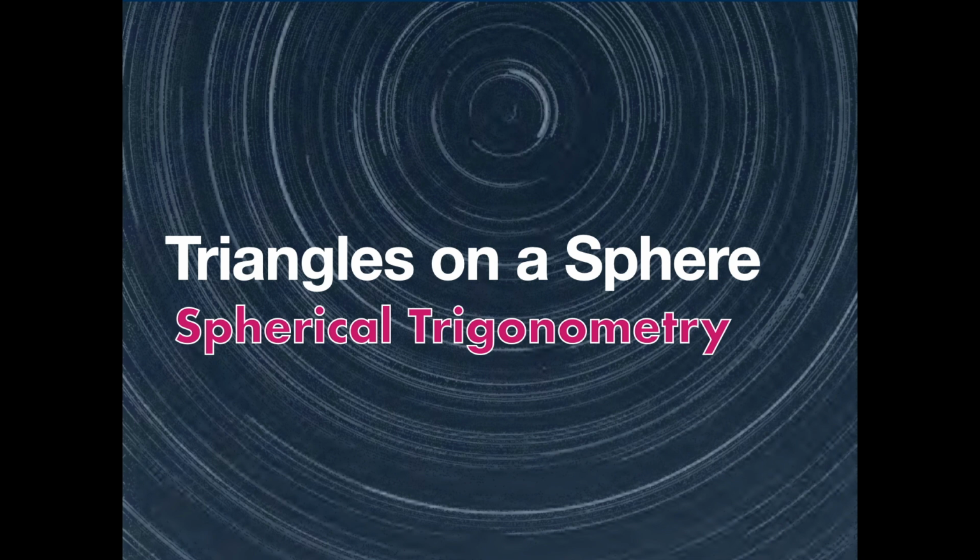So if you have three curves which meet, they will make a triangle. So this is a triangle on a sphere. Since they're different from triangles which you draw on a piece of paper, we need to do a different kind of trigonometry to solve such triangles, and that is why what we need in positional astronomy is spherical trigonometry. So that is what we'll look at today.